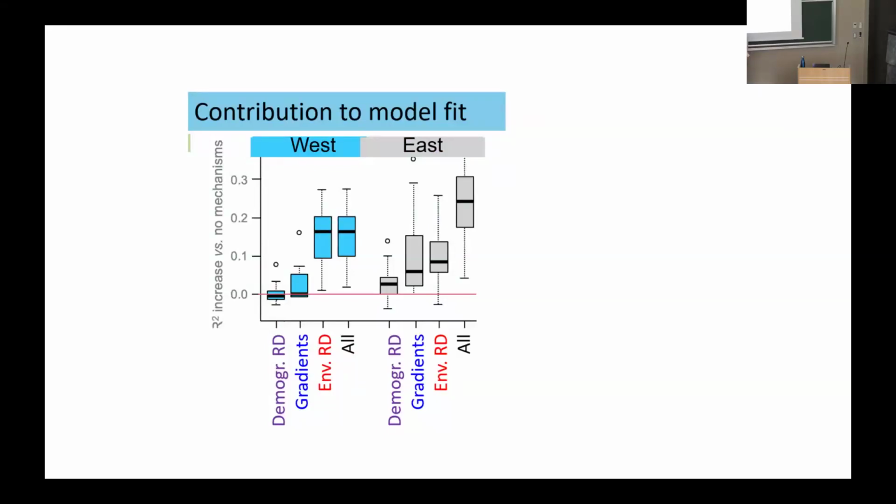Sort of response to density dependence is very similar across all species, or within species across location. Environmental response diversity, there seems to be a lot more support for that, and more strongly on the West Coast than the East Coast. And the importance of environmental gradients is there as well, but much more on the East Coast than on the West Coast, which makes sense considering that the West Coast gradient is a lot shallower.